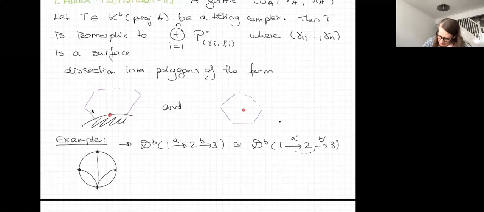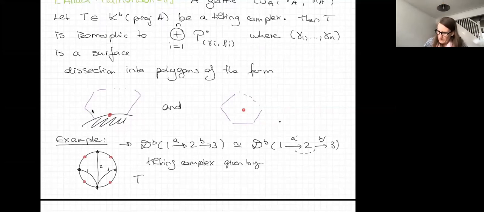But we do want to write down our red marked points. Here we have 1, 2, and 3. Okay, and now we have a tilting complex given by the following.